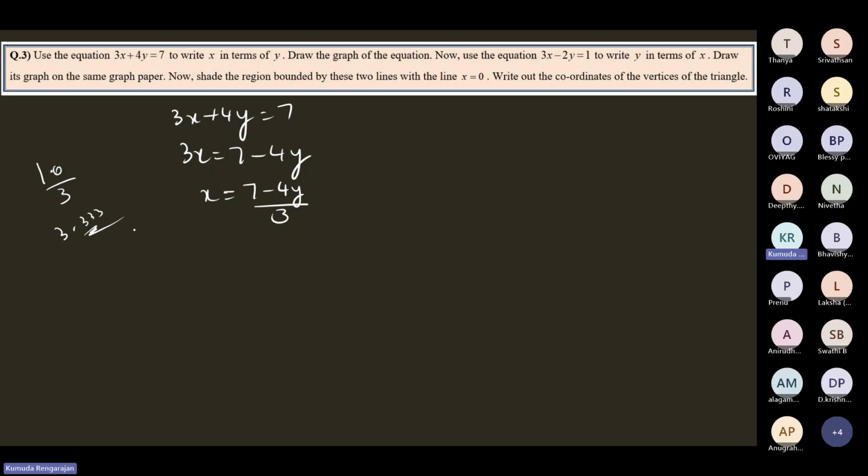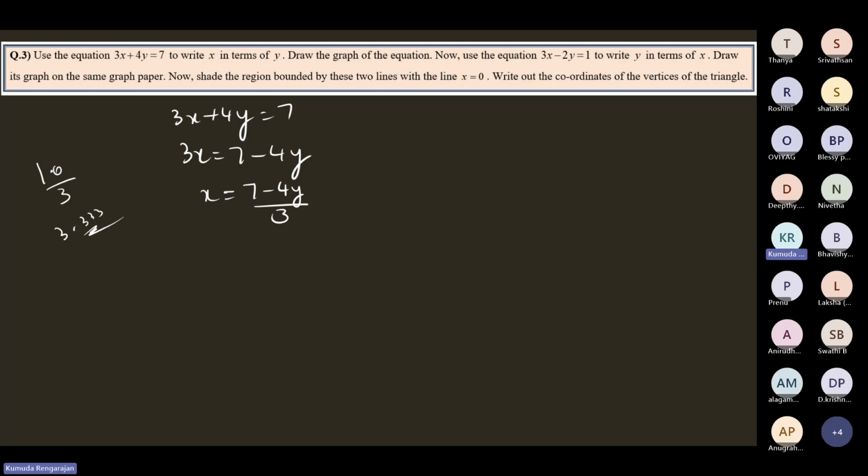On the graph paper, if you want to get the exact straight line, it's better you take points whose x and y coordinates are whole numbers, or maybe like 2.5, 3.5, 0.5, so that you get the straight line precisely without any deviation.